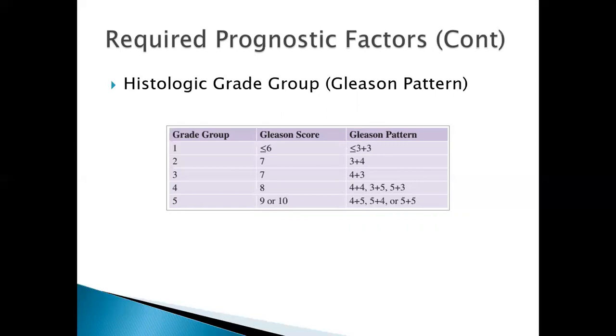But if imaging is performed and it's negative, where they don't identify any disease, this usually means the man has a recurrence, but the disease is not detectable yet by imaging. However, it is most likely microscopic disease, since the PSA is rising and is no longer at 0 or nadir.